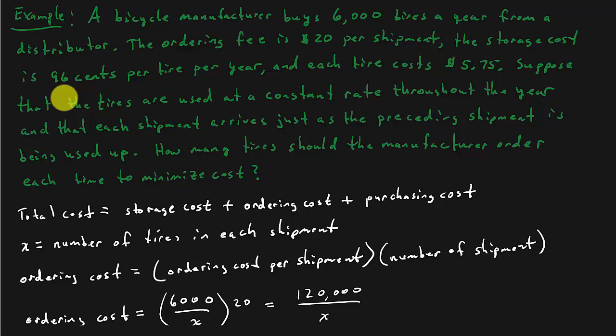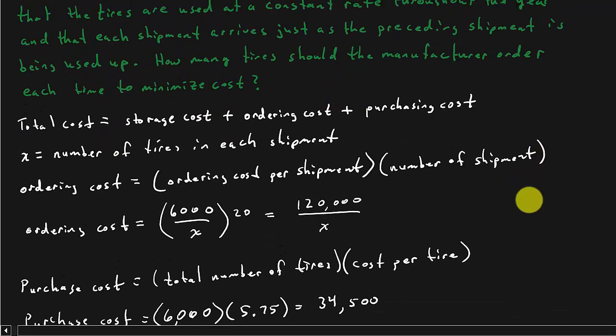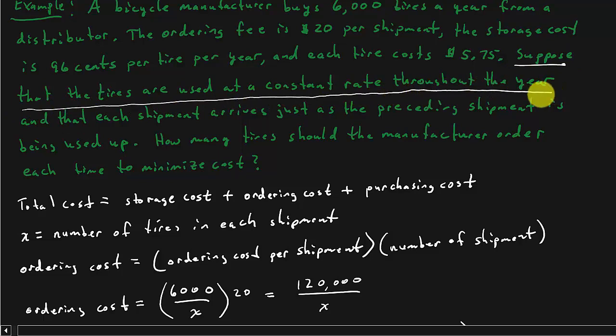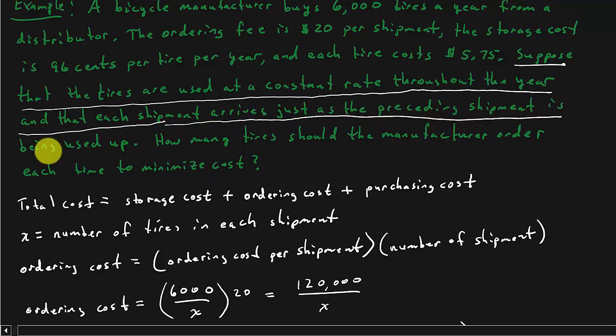So as the number of tires that's being stored changes, that's going to change your storage price. Okay? But notice what this says. It says, suppose that the tires are used at a constant rate throughout the year and that each shipment arrives just as the preceding shipment is being used up.